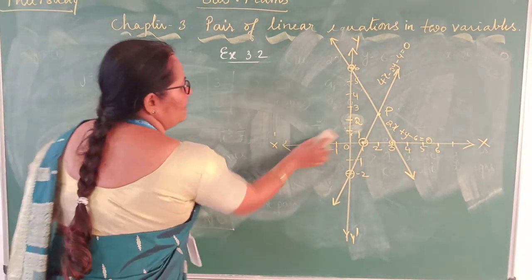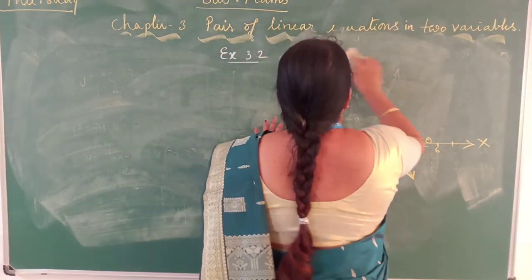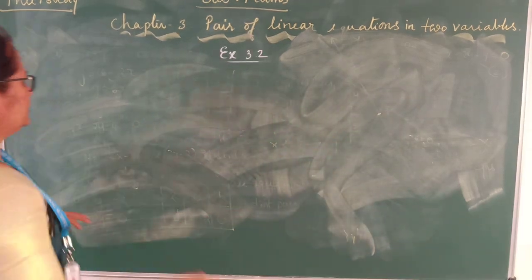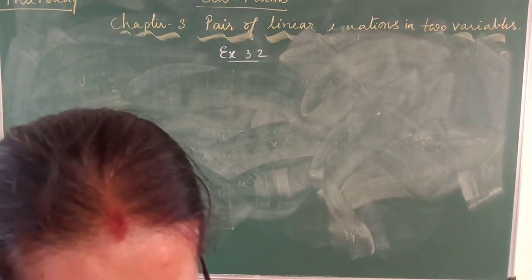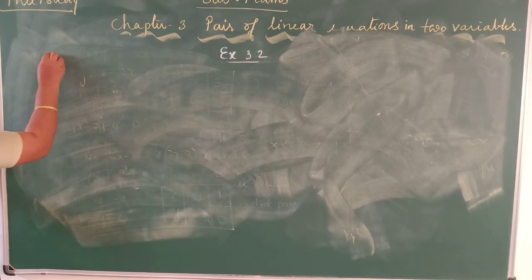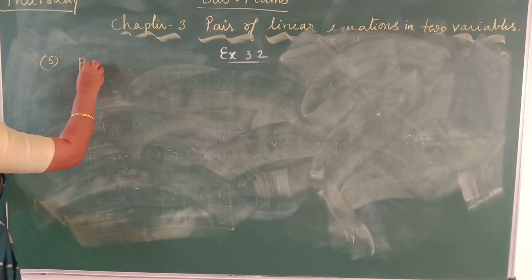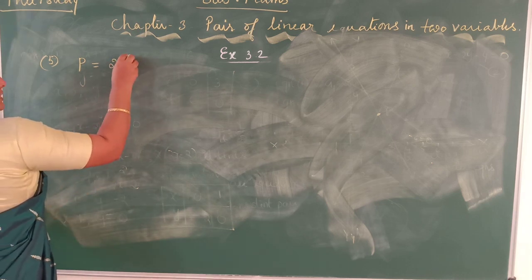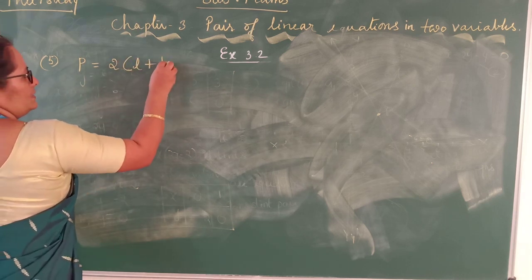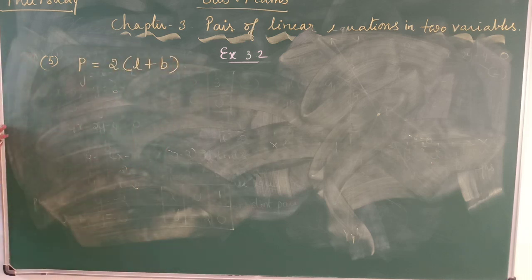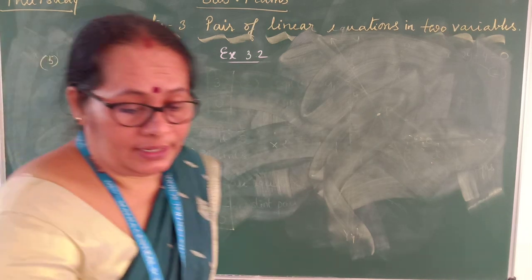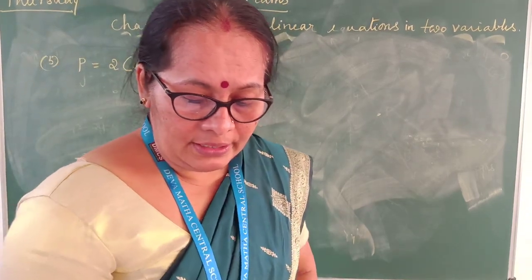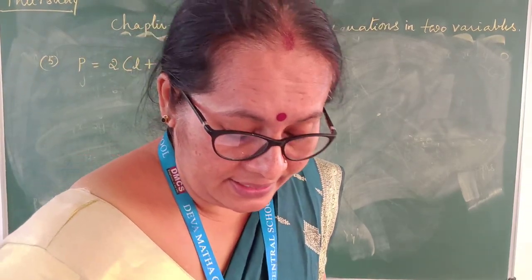So the perimeter of a rectangle equals 2 into (L plus B). The perimeter of a rectangular garden whose length is 4 meter more than its width is 36 meter.